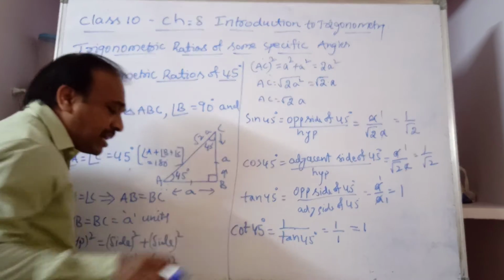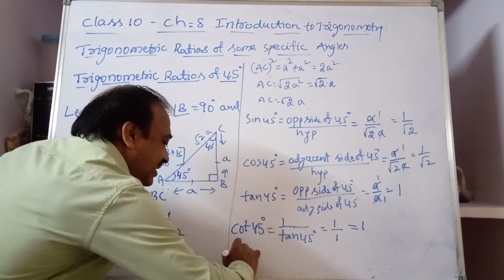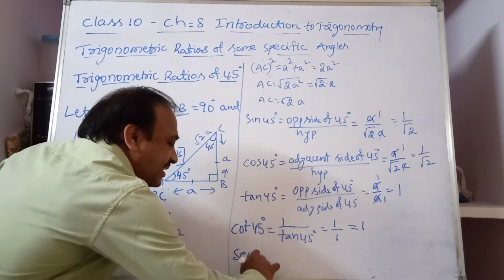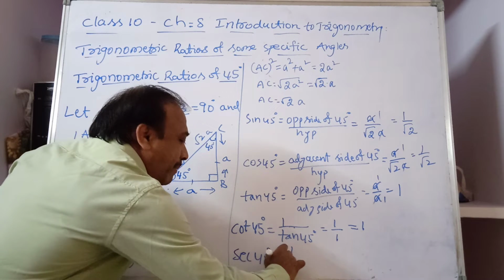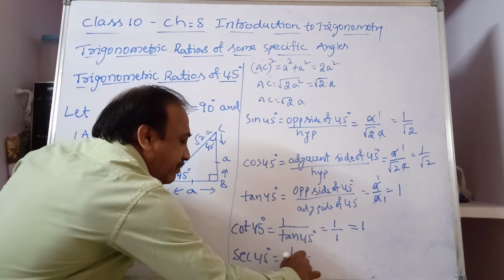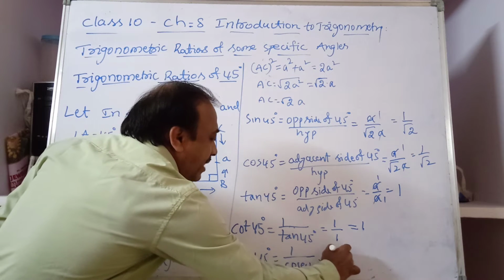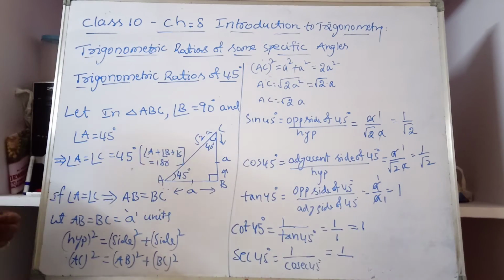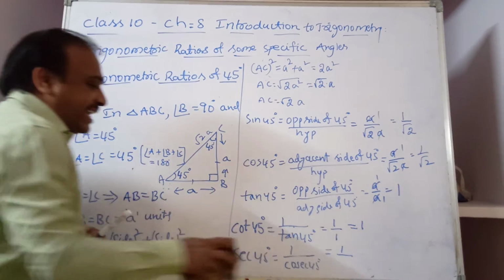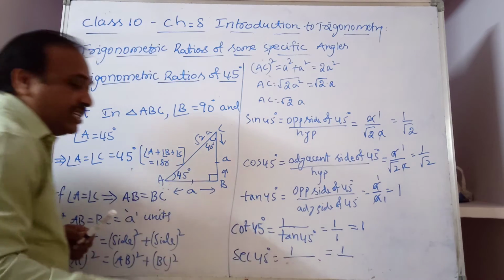Next, secant. Observe it. Secant 45 degrees is equals to 1 by cosecant. Sorry, cosecant is 1 by sin. I'm very sorry.